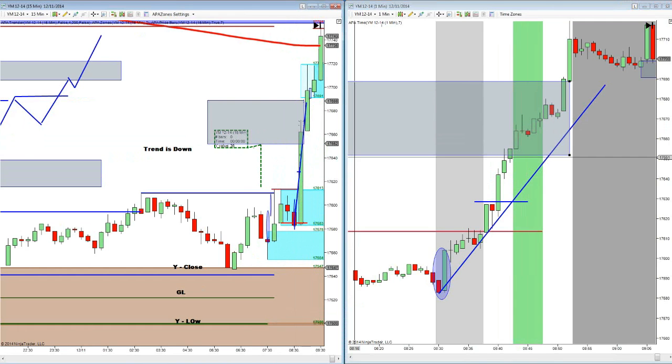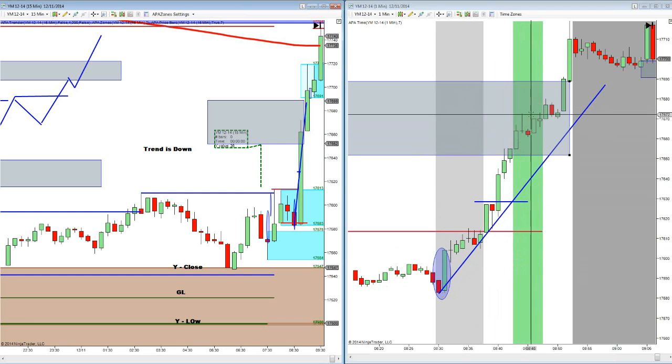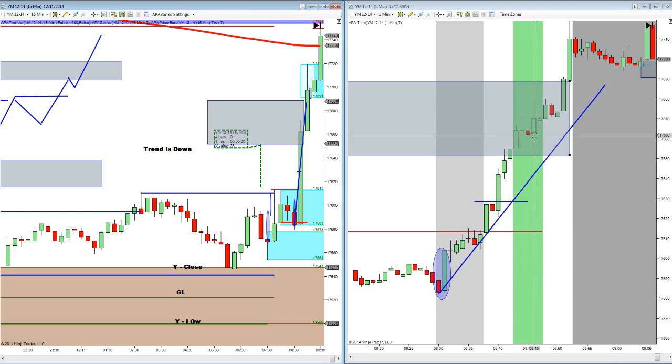Okay, and I don't like to do that. I don't like to stand in front of the bus and wonder, as big green candles are happening, is this going to be the top? Okay, that's not a good place to be doing something. So I would say that's a no trade for me personally to the downside.